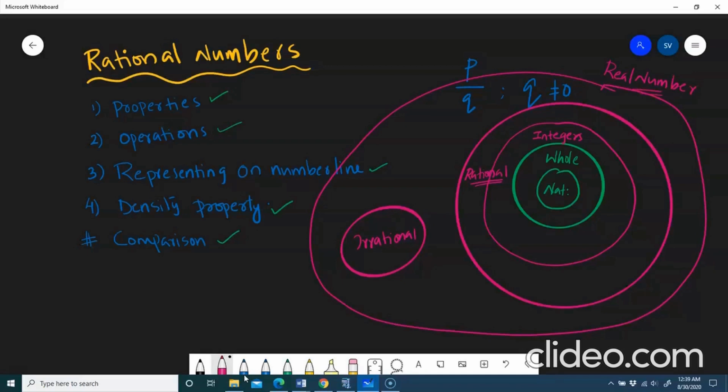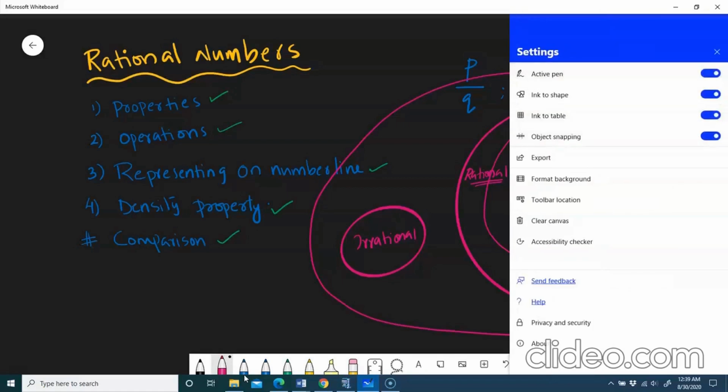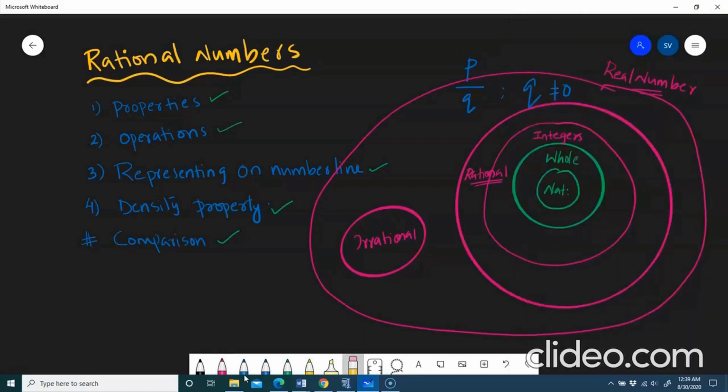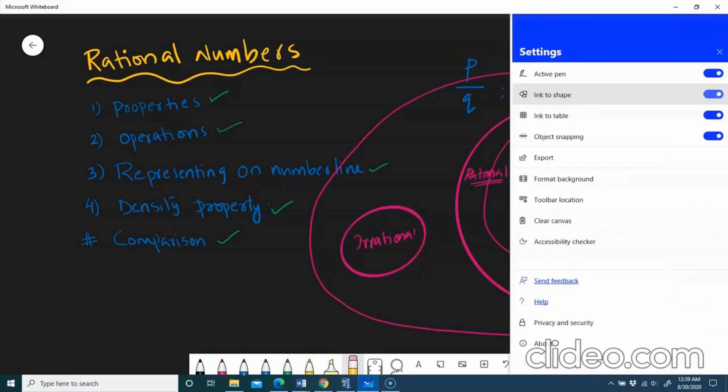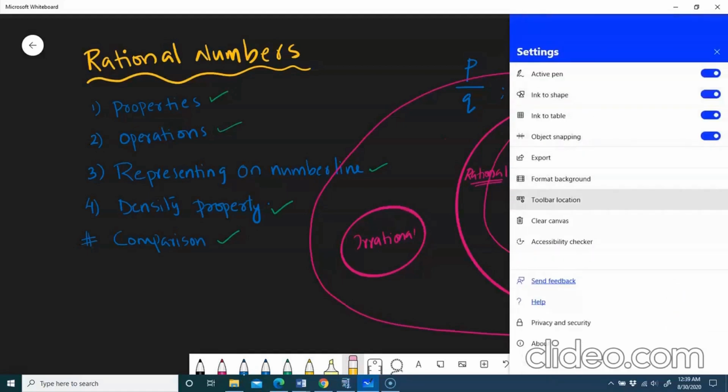So basically, rational numbers are numbers which can be expressed in the form p by q, where q is not equal to 0. Okay, everything is clear now, so we can start.